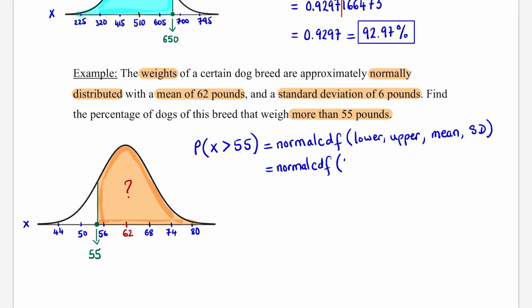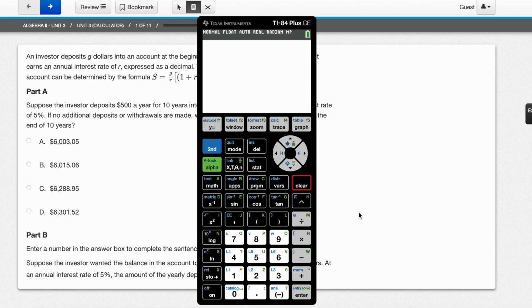So my lower bound is 55. My upper bound, I'll choose 1,000. Mean in this case is 62, and standard deviation is 6. And I use my calculator for this. To get the normal CDF, I need to go to my distribution list.